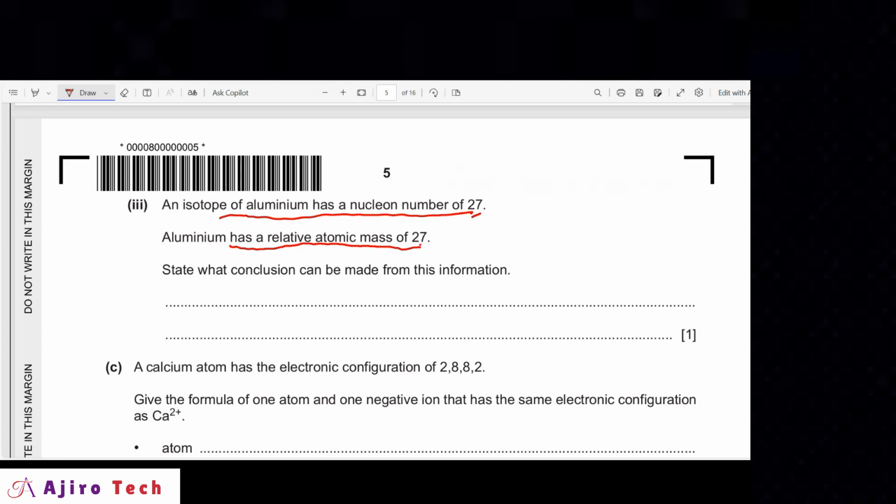The same mass number and the same relative atomic mass simply means that there is only one isotope of aluminium. That is the conclusion that can be drawn, because the relative atomic mass is equivalent to the nuclear number of the isotope itself. So it means that aluminium has just one isotope.